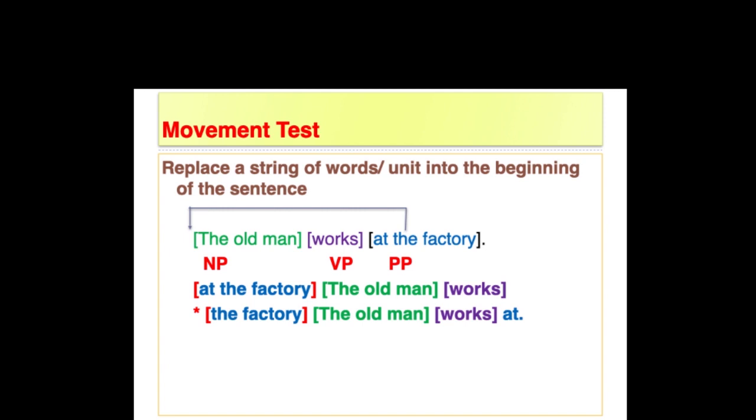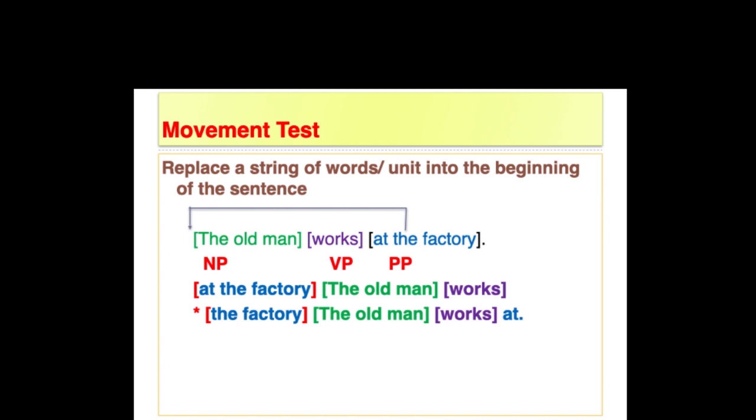How about the second movement test? When we move or dissociate at from the noun phrase. Okay, so we have the factory, the old man works at. So which means that, once we dissociate the preposition from the noun phrase, the sentence just loses its grammaticality.